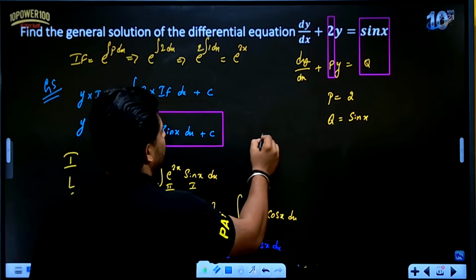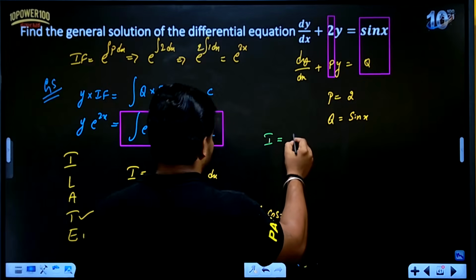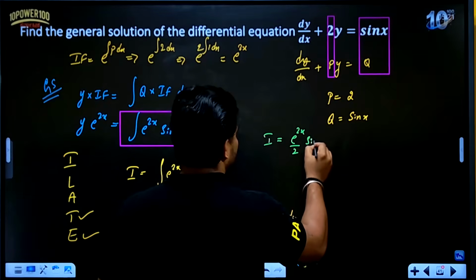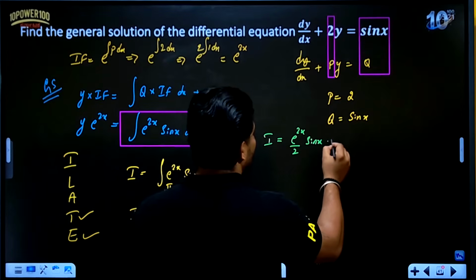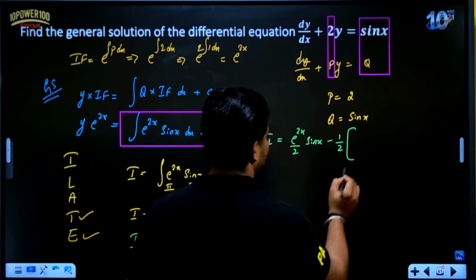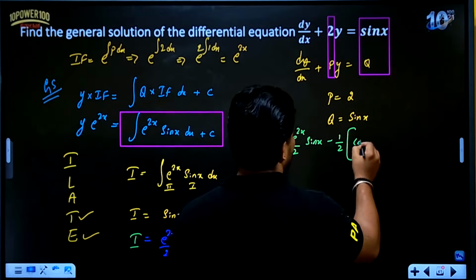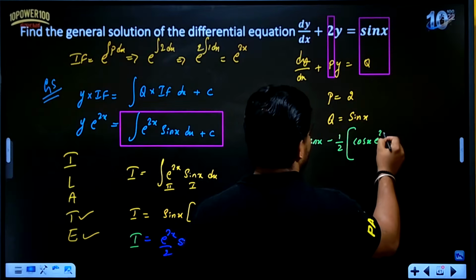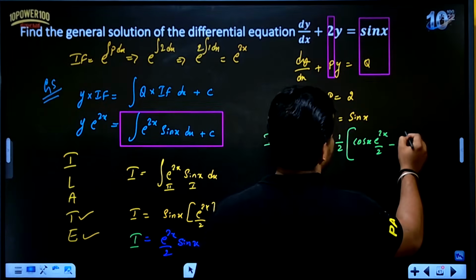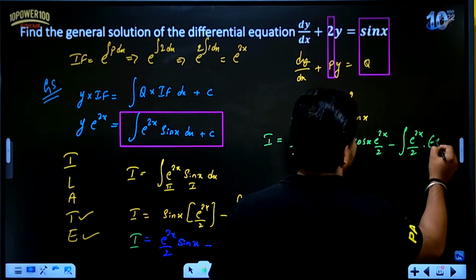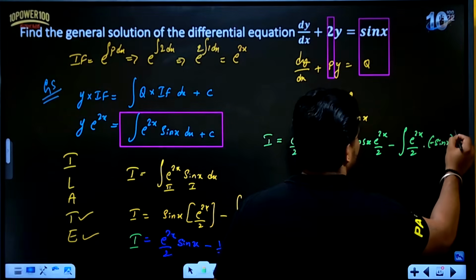Okay, so now I is equal to e to the power 2x by 2 into sin x minus 1 by 2. So take a bracket. Okay, so now cos x I'll keep it as it is, and e to the power 2x integration is e to the power 2x by 2, minus e to the power 2x by 2 and cos x differentiation is minus sin x dx.